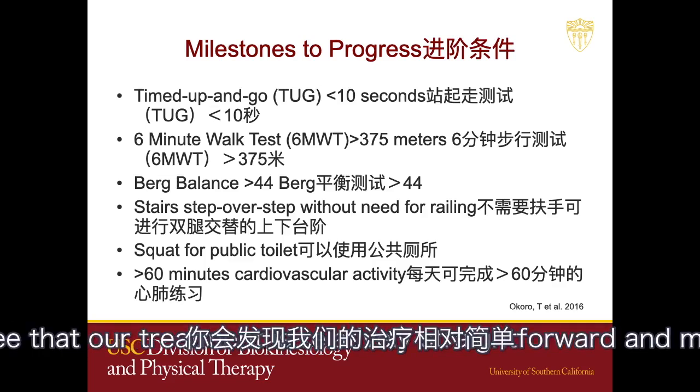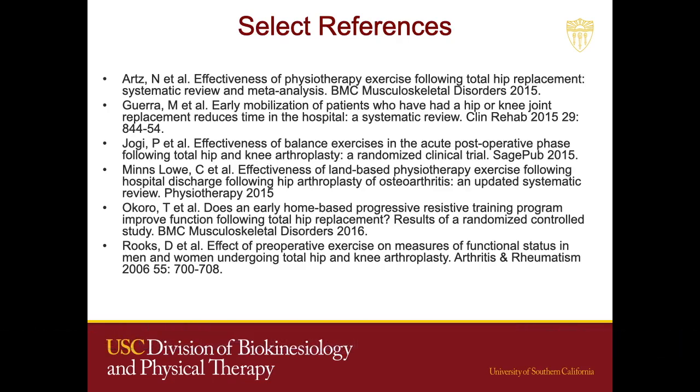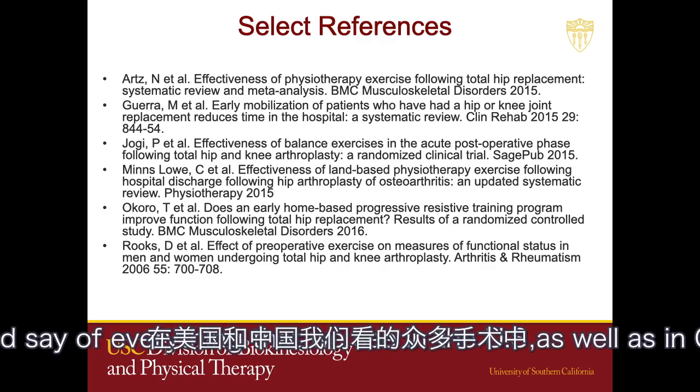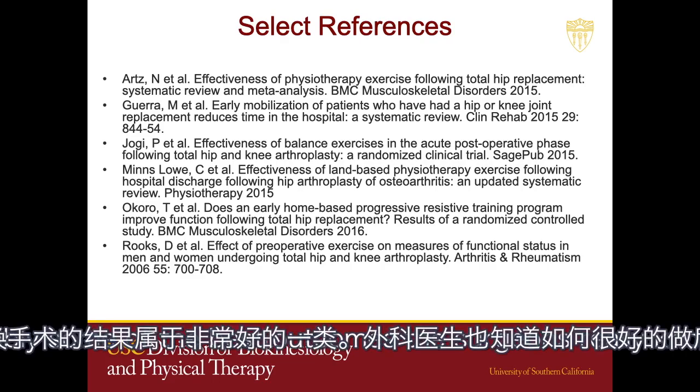So you'll see that our treatment is relatively straightforward, and most of your patients are going to demonstrate really great outcomes after a hip replacement. I would say of everything that we see in the US as well as in China, hip replacements really do give you probably some of the best outcomes.